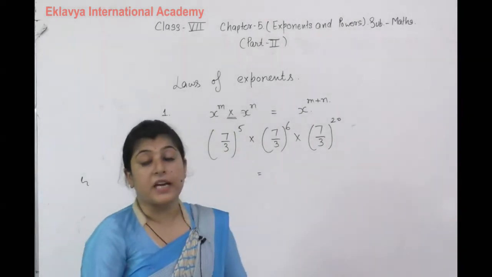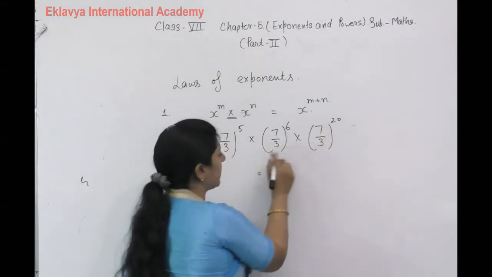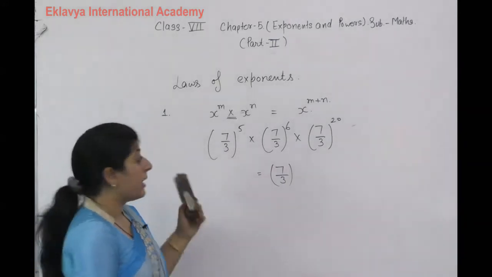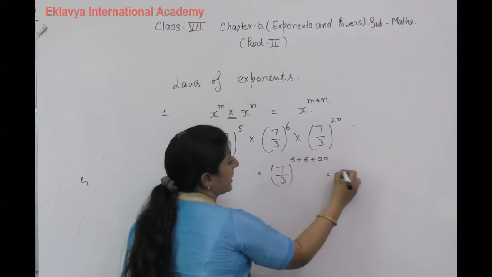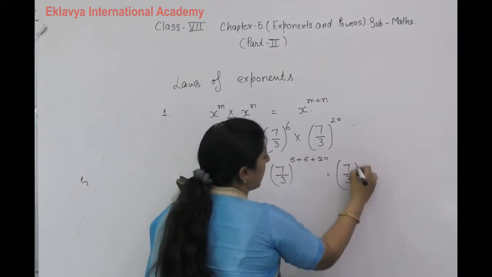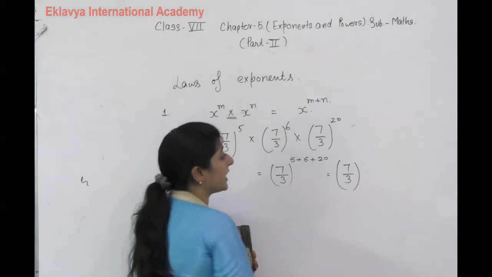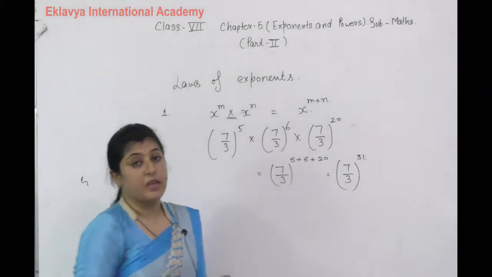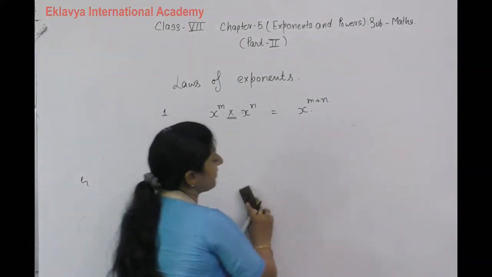We can multiply the same base with any number of powers. Then it becomes 7 by 3 power 5 plus 6 plus 20, that is 7 by 3 power 5 plus 6, 11, plus 20, 31. This is our answer.